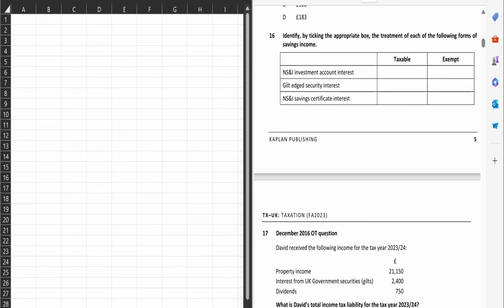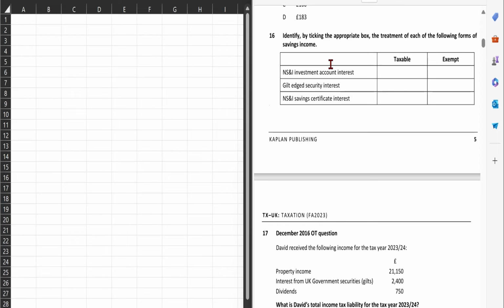Be careful with this point. Another is income received from the ISA, so-called individual saving account, is exempt, and state benefit paid in terms of accident, sickness, disability is also considered exempt from the income tax, and interest payment on the repayment of the tax. So these are the few points in my notes which are exempt. Now we have to tick the appropriate box for which will be exempt and which will not be exempt.